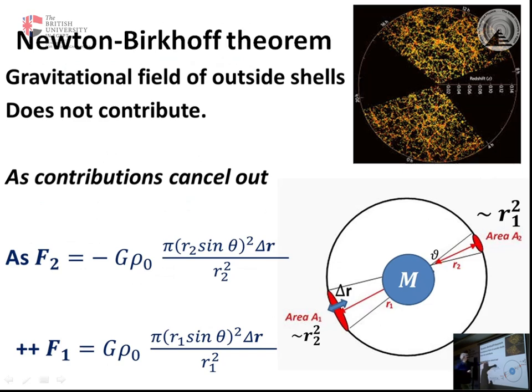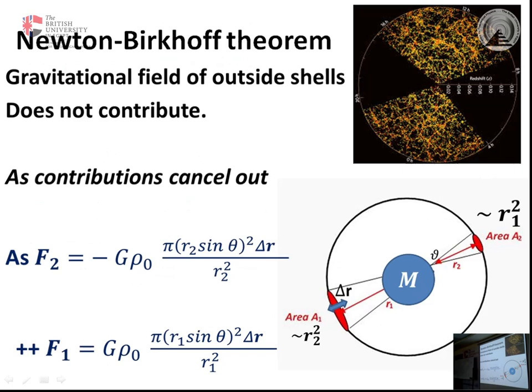So if I take a patch delta r, it will be delta r times r2 squared over r2 squared, so it goes to R2, and the same for R1. So they cancel each other, right?